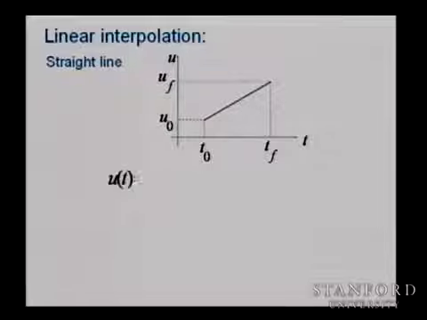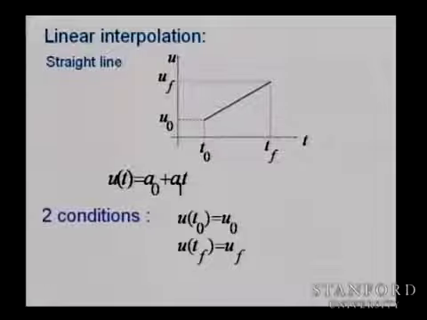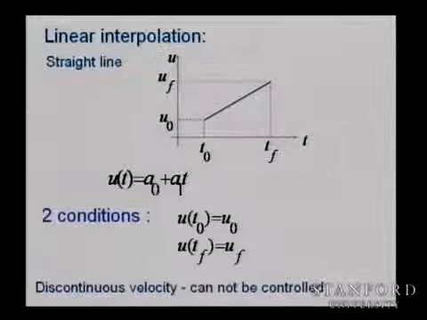There are no more conditions that we can satisfy in this case, because we have two parameters, a sub 0 and a sub 1, and two conditions, and that uniquely defines our motion. That was the problem: if we take an acceleration here, it will just be a sub 1, whatever value comes from those two conditions, and we cannot control it. So we have discontinuous velocity.